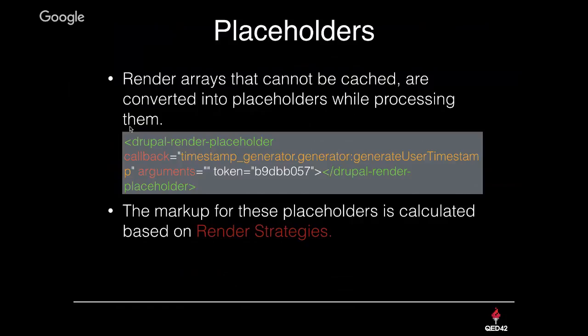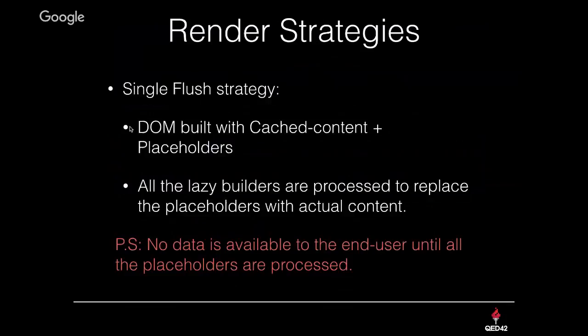The default way by which Drupal does this is called the single flush strategy. Here, the entire DOM content is built with cached content and placeholders first, and then the lazy builders are triggered and the callback functions are triggered to pull down the actual content for the placeholders, replace them in the placeholders, and then render the entire HTML to the user.